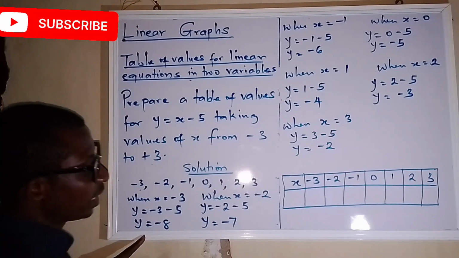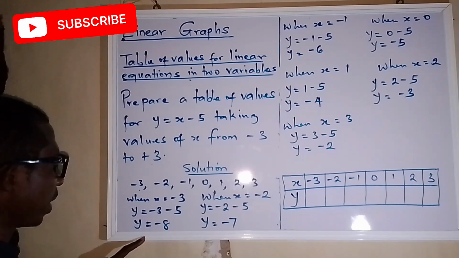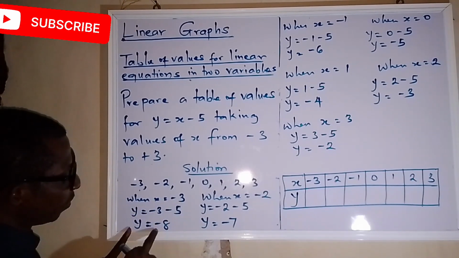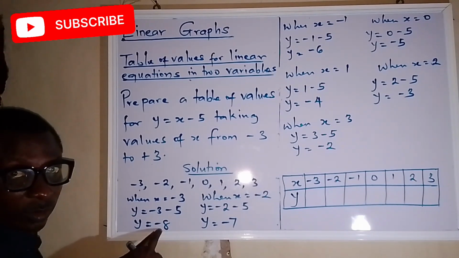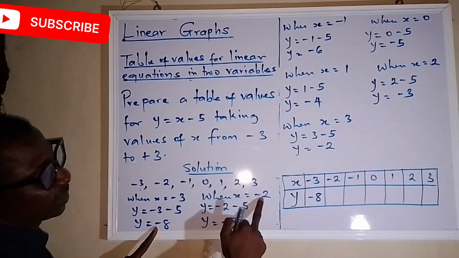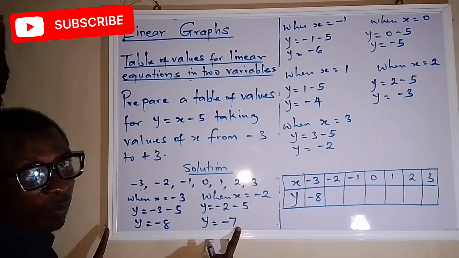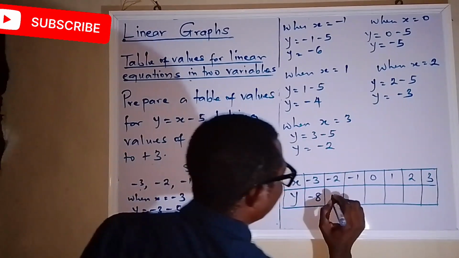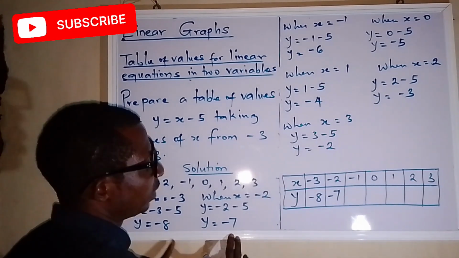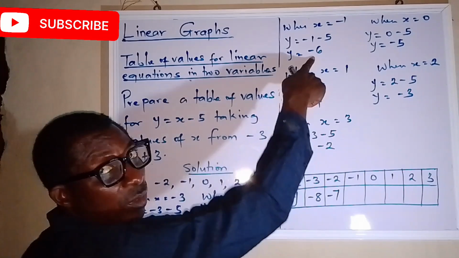Okay, so the next one is to write the corresponding value of y. When x is minus 3, what do we have for y? Minus 8. So you write minus 8 here. When x is minus 2, you have minus 7. When x is minus 1, our y is minus 6.